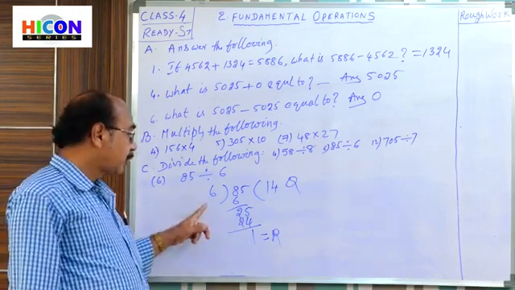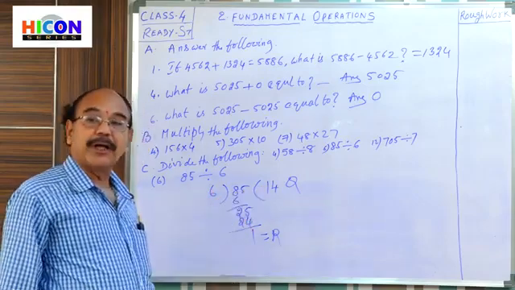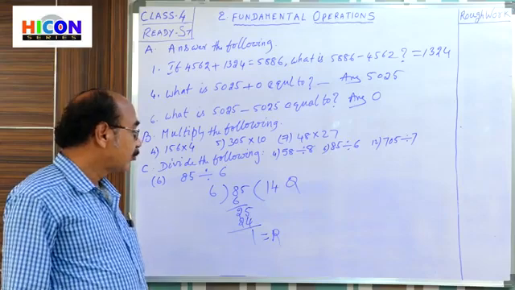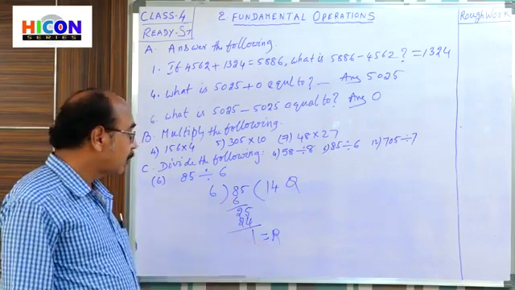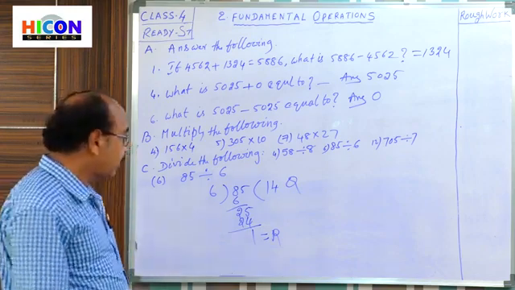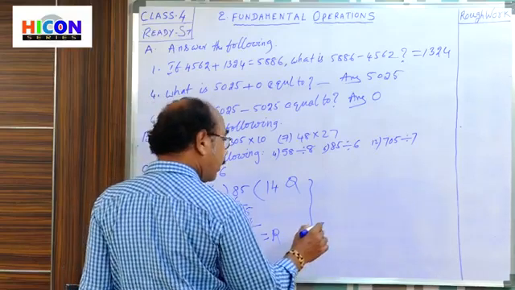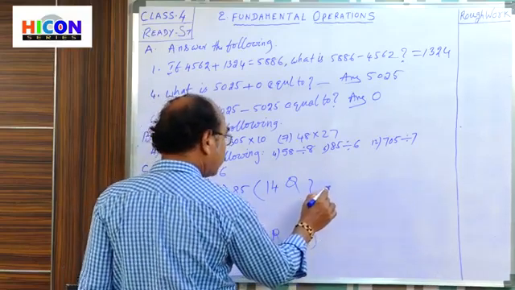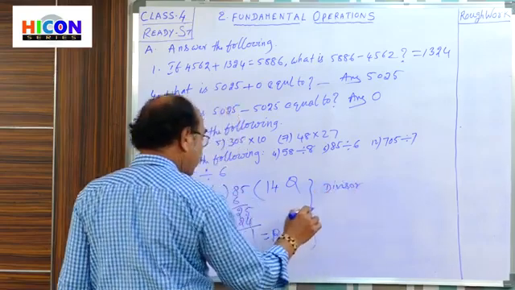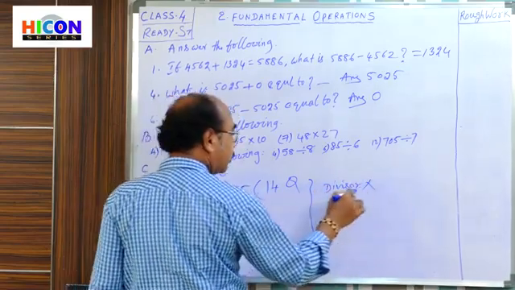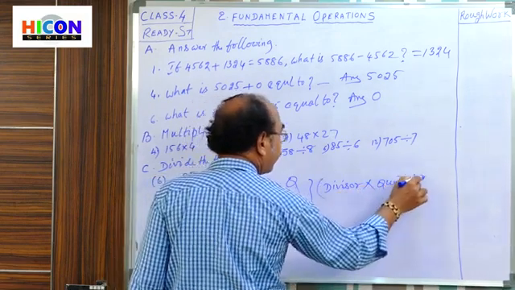Okay, children. So here 6 divides 85. How many times? 14 times we say. 14 6s are 84. What is the remainder? 1. To check your division answer, what you have to do? Multiply the divisor with the quotient, then add the remainder.